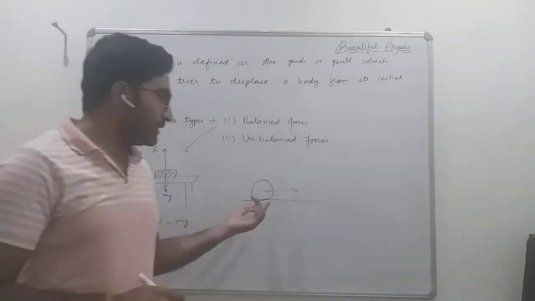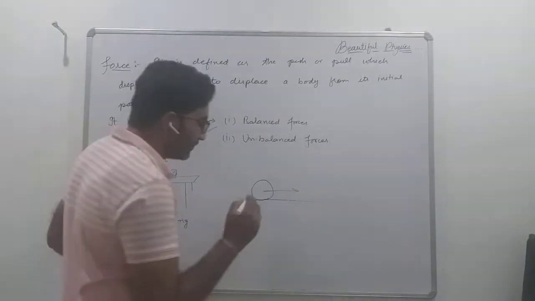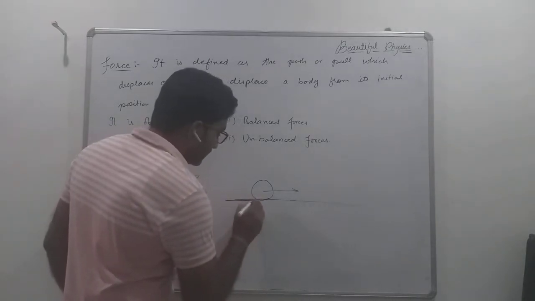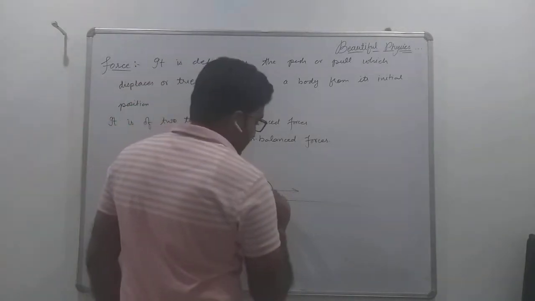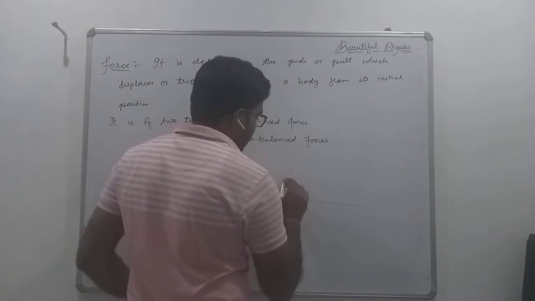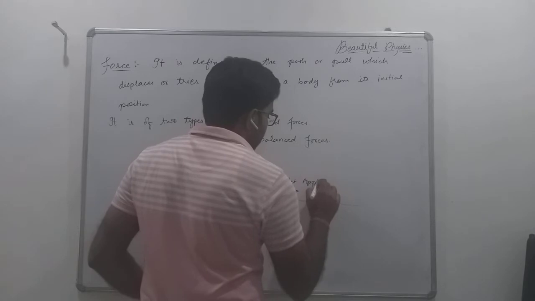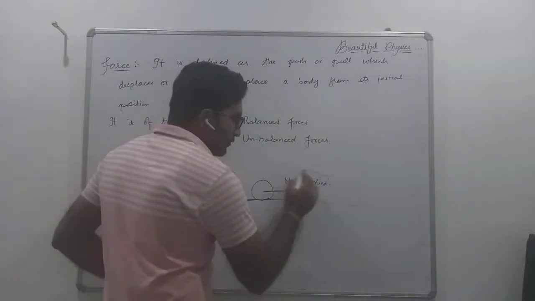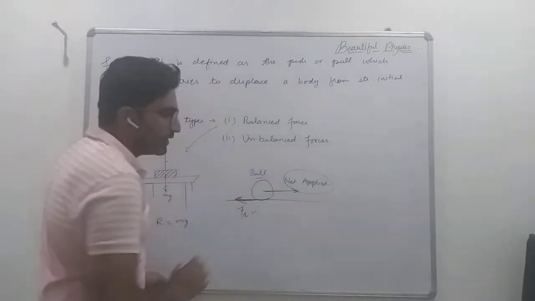Here we can see that two kinds of forces are acting on the body. First one is the frictional force, which acts in the opposite direction. In this direction is the net applied force. Here we can observe that the net applied force on the ball is greater than the frictional force.